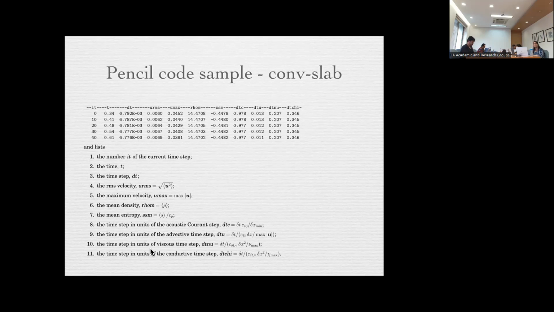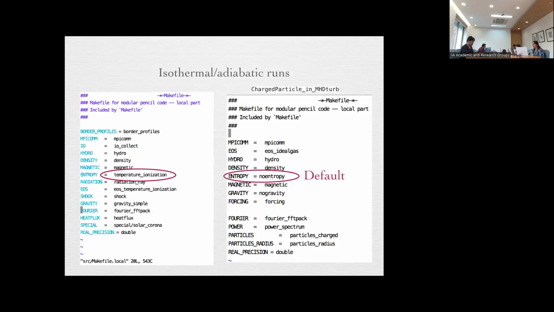So you have these different terms, and these are all explained in the manual. If you want to understand what parameters you can print into this timeseries.dat file, which is the simplest file that you can plot and see, what variables you can print in it is given in the manual. So you can read all about it there.